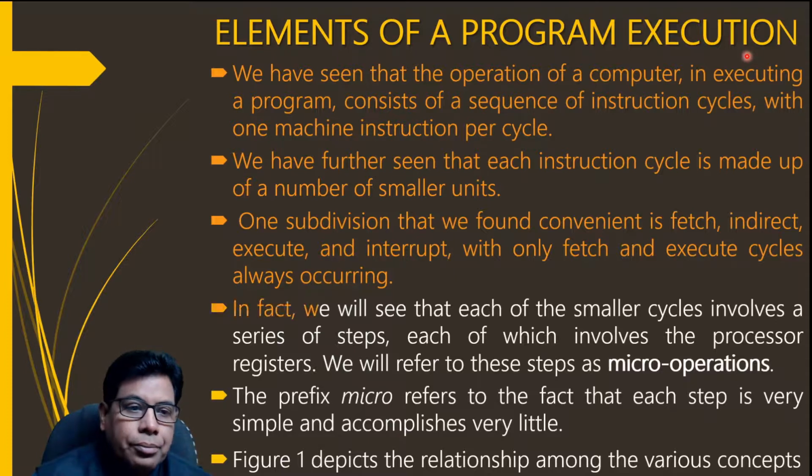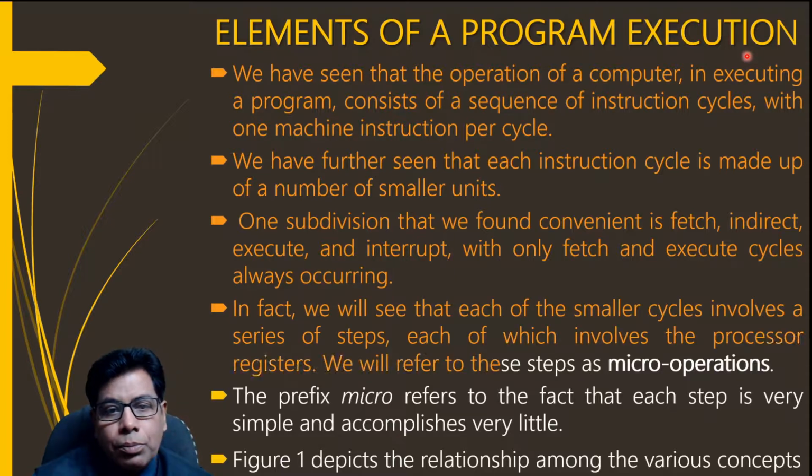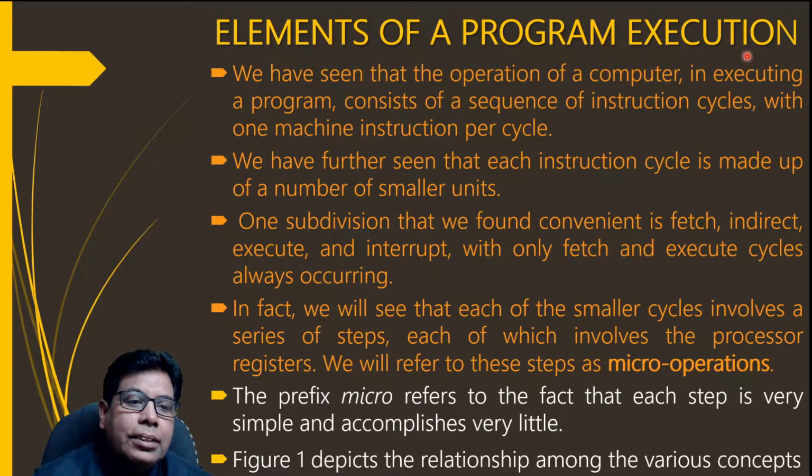So in this way, we see that each of the smaller cycles involves a series of steps, each of which involves the processor registers. So when we are executing the instructions, at that time we take the help of the processor registers, maybe the general purpose registers or other registers in the processor.